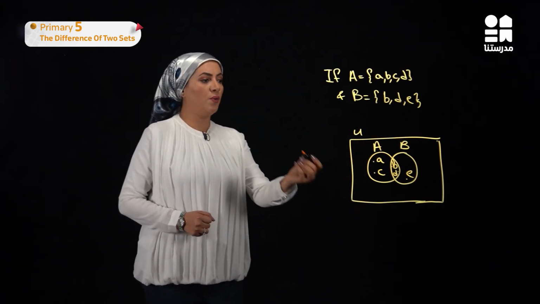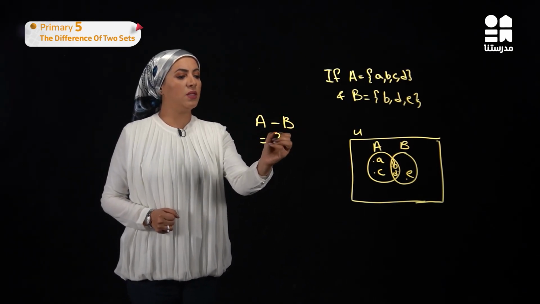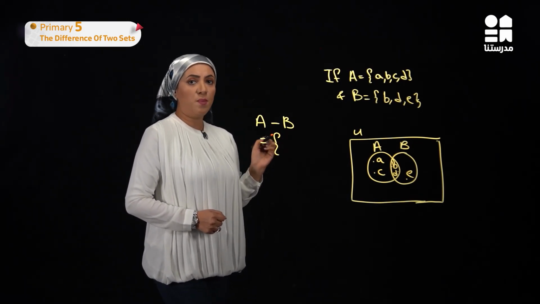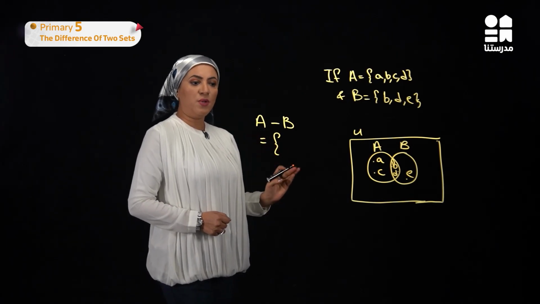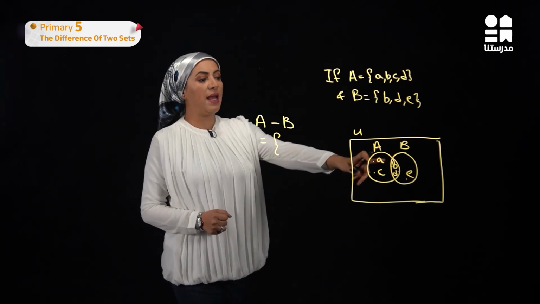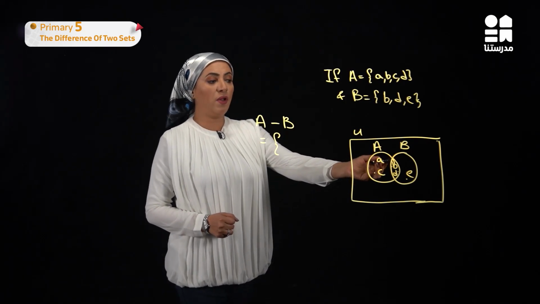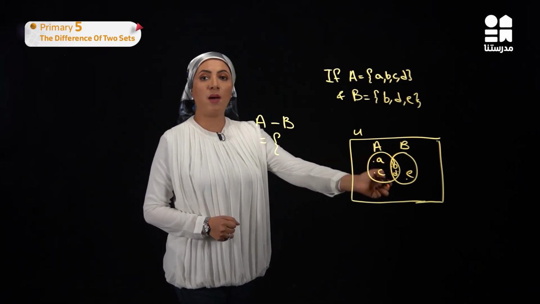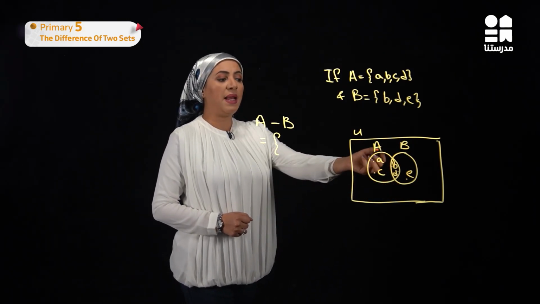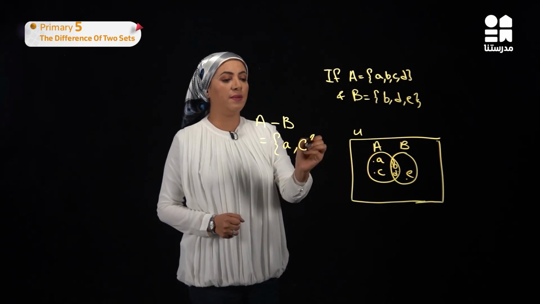Now I want to know A difference B equals what. يبقى هاخد الاليمنتس اللي في الست A بس، ومش هاخد أي element موجود في الست B حتى الcommon elements. يبقى هنا as you see in the diagram I have A and C and I have also B and D، بس B and D are common with the set B. يبقى مش هينفع أخدهم، يبقى الانسر بتاعتي هتبقى only the elements A and C.